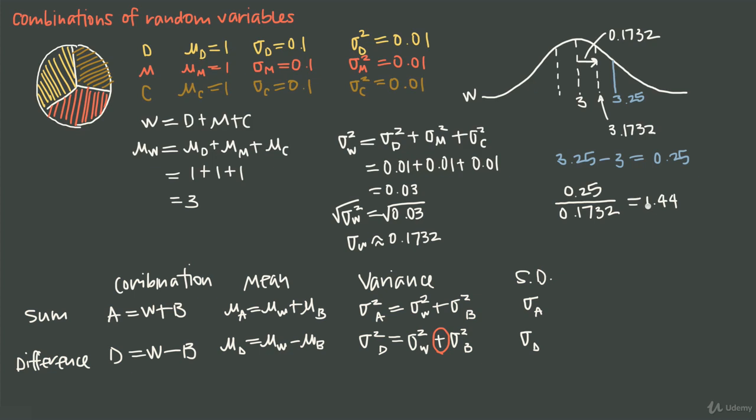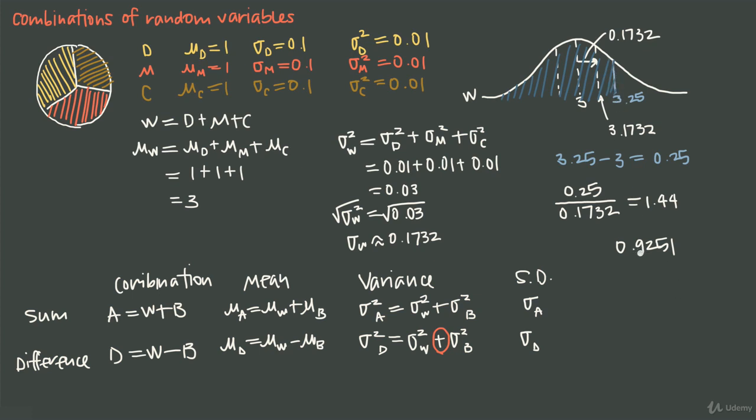So what we want to do then is look up 1.44 in a z-table, and when we do that, the value that we find in the z-table is 0.9251. We want to know the probability that the weight is less than 3.25. So we want to know the probability that the weight W falls anywhere in here all the way up to 3.25.